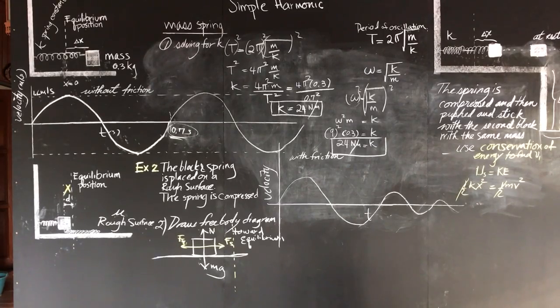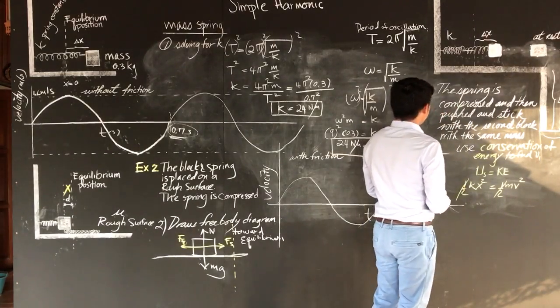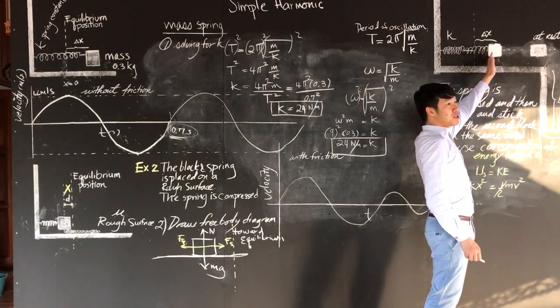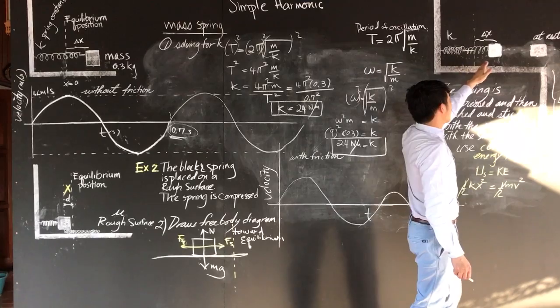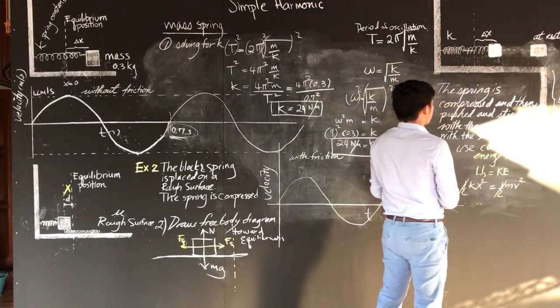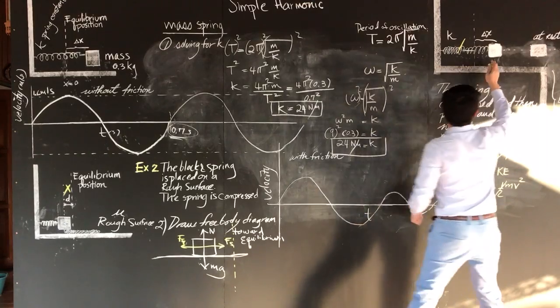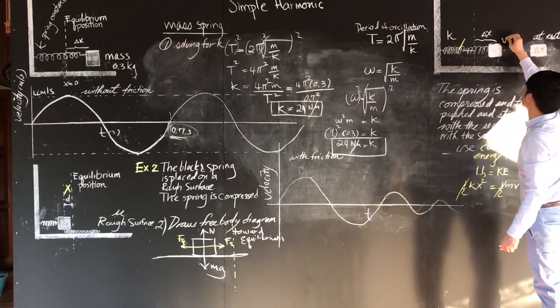So now we're going to have to figure out how to apply this concept to this system. Basically, this is what happened. You pull it, and it will start oscillating, right? And then in this one the string is cut. So the box is released and goes with a certain velocity.